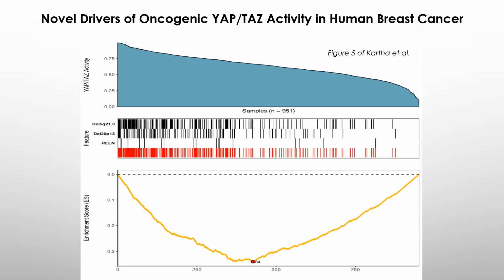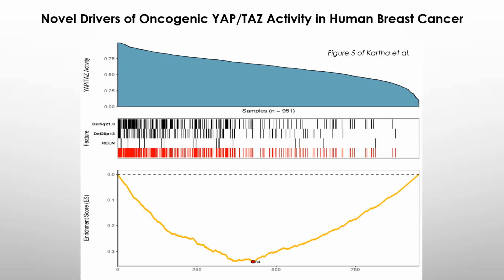The middle plot shows the three genetic features, 2 copy number losses and 1 mutation, as black ticks, and the union meta-feature as red ticks. Finally, since we use a KS-based scoring function to query the dataset, the bottom plot shows the mountain plot of the enrichment score corresponding to the red meta-feature.